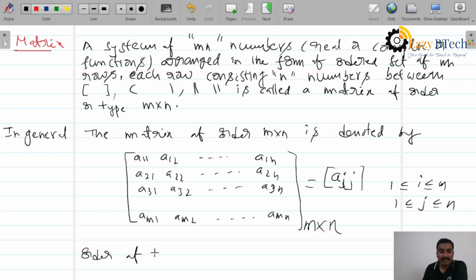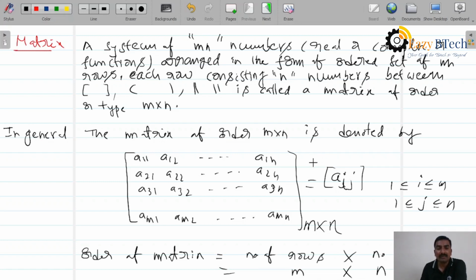Simply it is denoted by m by n. It is read as m by n. So this is the definition of matrix.